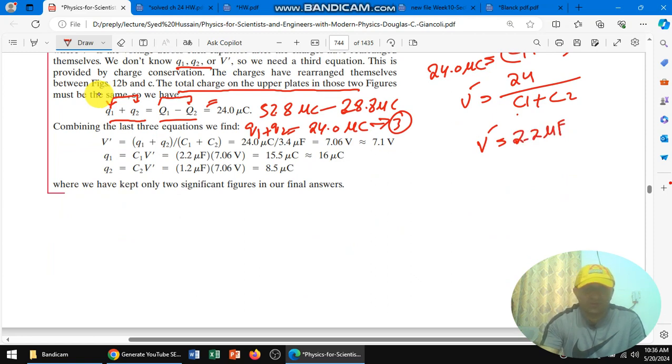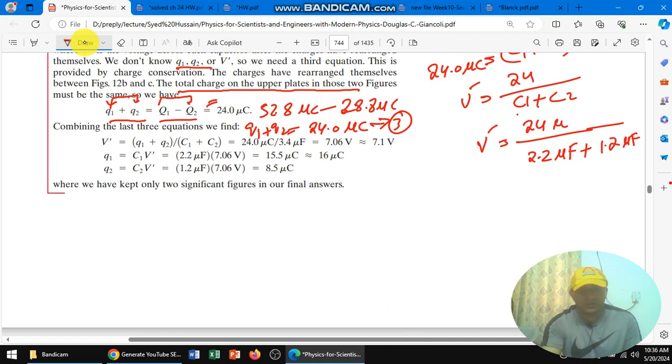So 24 microcoulomb divided by 2.2 microfarad plus 1.2 microfarad, that will give us 24 microcoulomb divided by 3.4 microfarad.